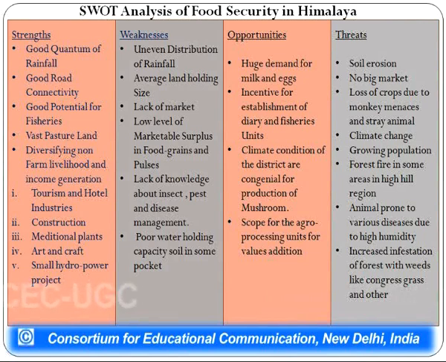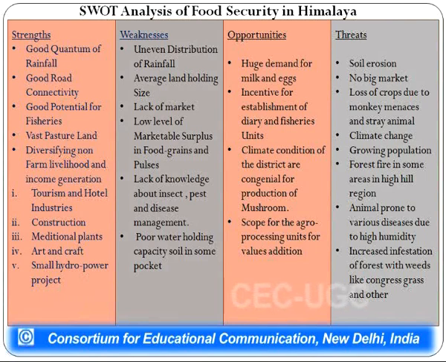What are the weaknesses? Uneven distribution of rainfall, small average land holding size, lack of market, low level of marketable surplus, lack of knowledge, poor water holding. But we have opportunities: huge demand for milk and eggs, incentive for establishment of dairy and fishery units. Climatic conditions of the districts are congenial for production of mushroom.